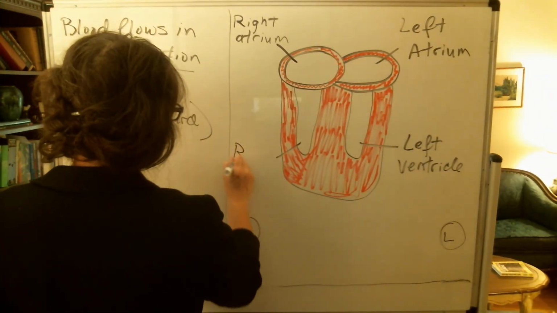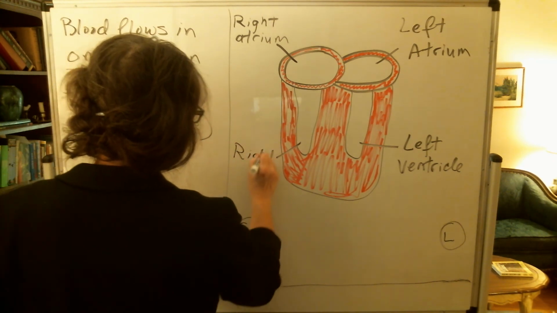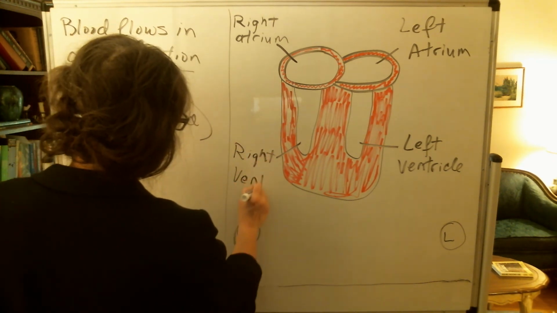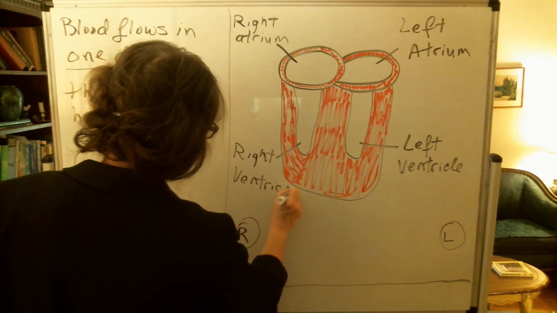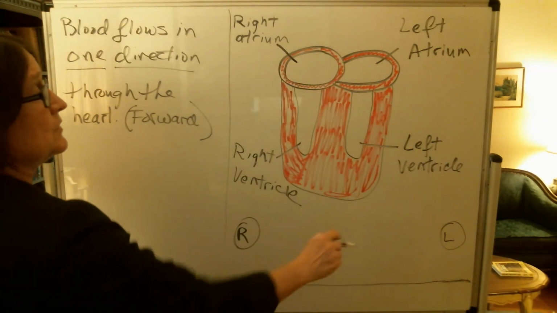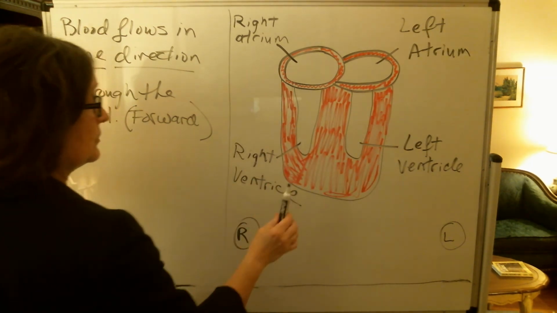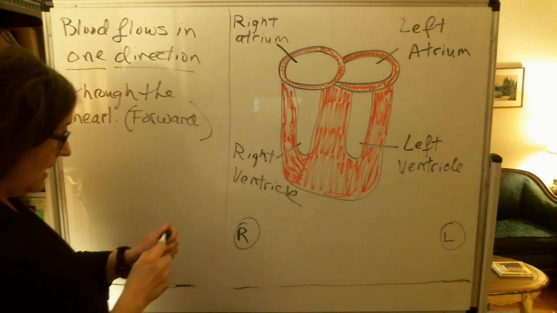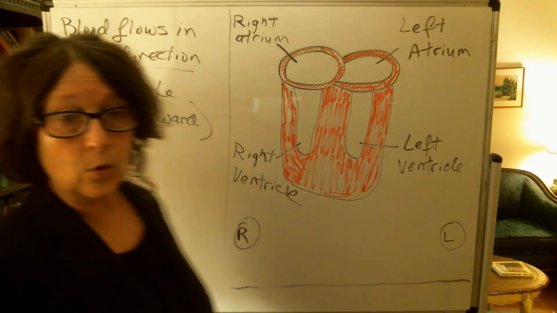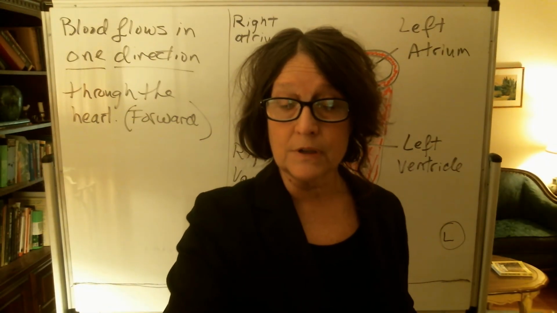And this then is the right ventricle. So the two upper chambers, the two atria with the thinner walls, the two lower chambers, the two ventricles with the thicker muscular walls. And that is it for this introduction.